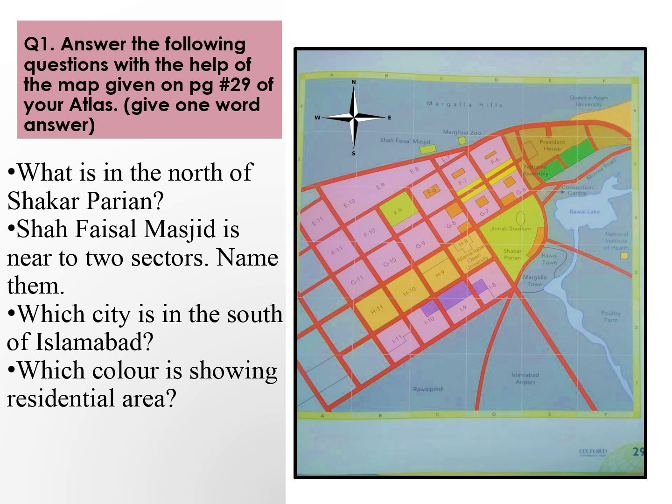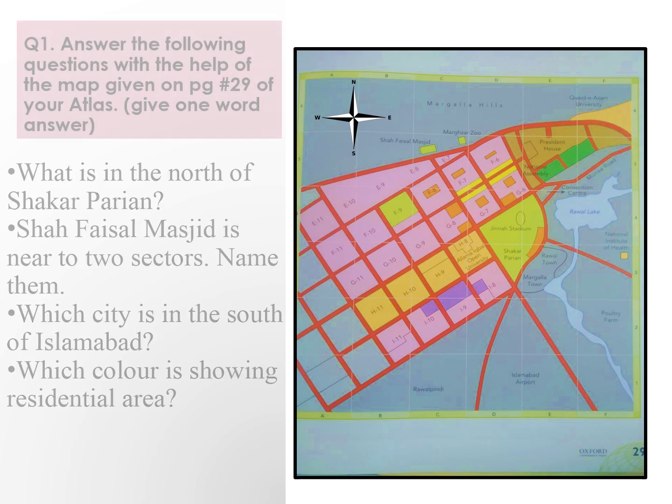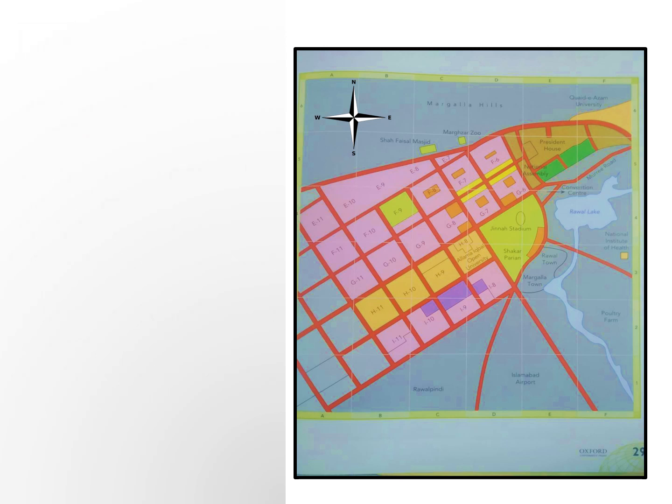You have to look at the map and see what is the color of the places that are residential. I hope you have got your answers. Now, let's tally our answers.